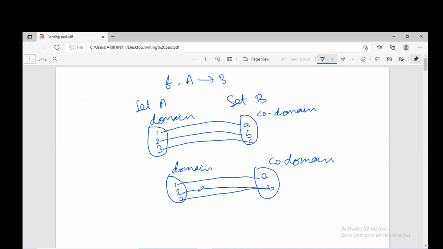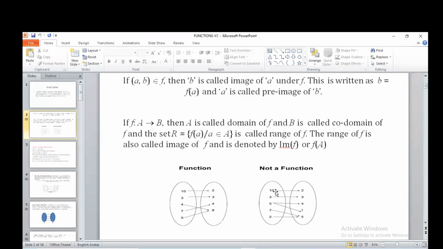Now, the diagram for not a function. See here, 10, 3, 5, 7, 2 in the domain. Always on the left-hand side we have the domain and the right-hand side the codomain, or you can write it the other way; it is your choice to decide domain and codomain. 10 is related to 2, 3 is related to 3, 5 is mapped to 4, 7 is mapped to 5, 2 is mapped to 5.